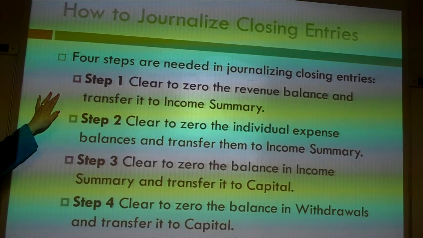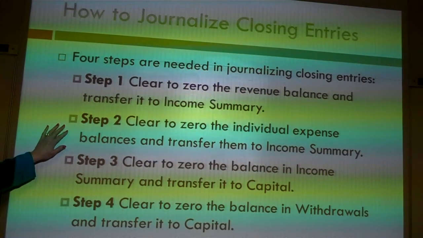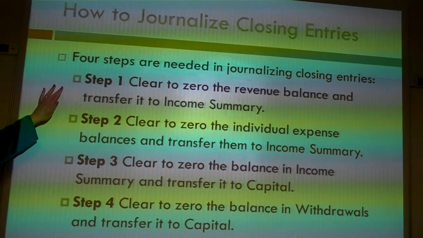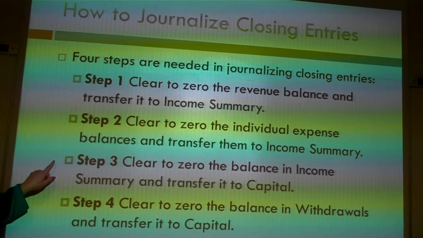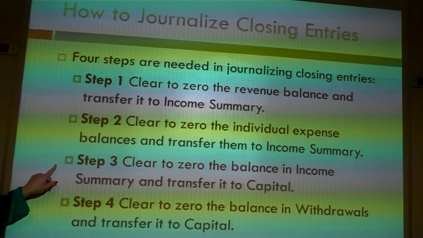The first two, we're going to close into the new account called income summary. The difference between what we've posted from step 1 and step 2 into income summary should equal our net income or net loss. If it doesn't, we might need to go back and check.